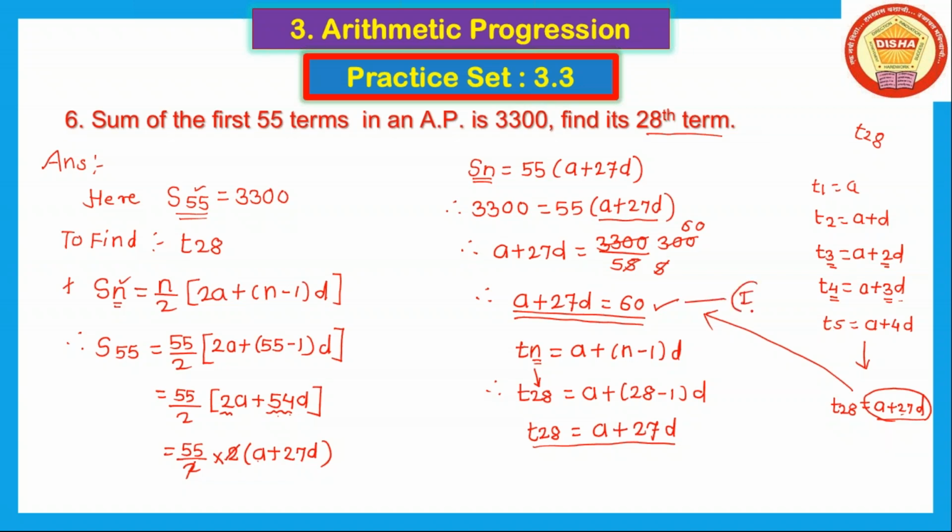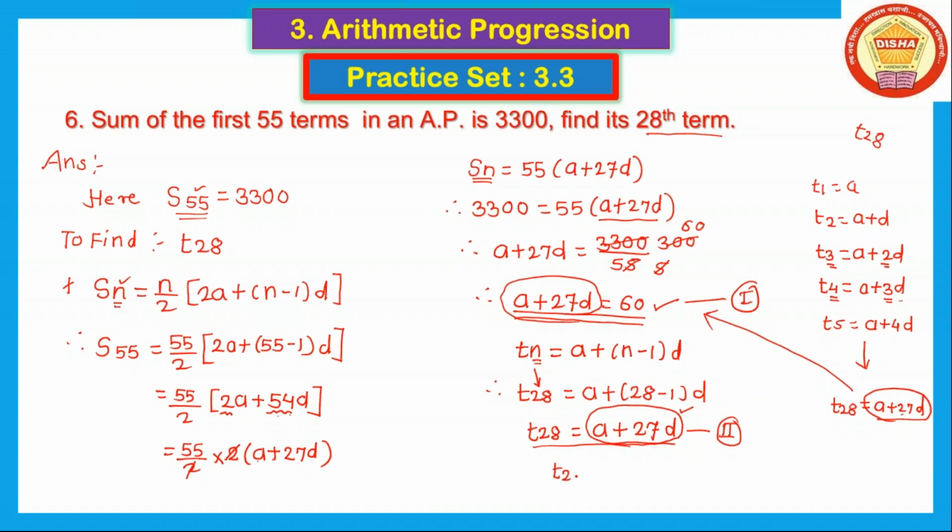We consider here equation first, and here is equation second. What we see in both the equations? In both the equations, A plus 27D, and here is also A plus 27D. Means we put the value of A plus 27D as 60 from equation first.